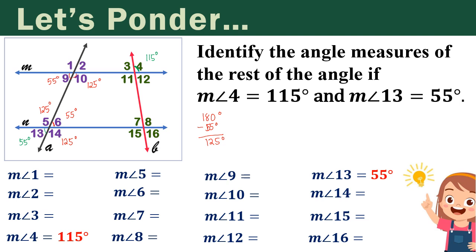Now, I will apply the idea of vertical angle again. So angle 1 and angle 10 should be both 125 degrees, and angle 9 and angle 2 should be both 55 degrees as well. So this time, we're done with the half of our illustration, the left side.